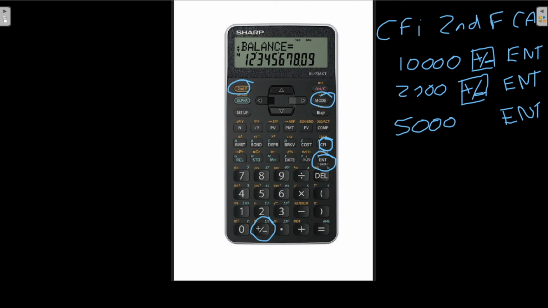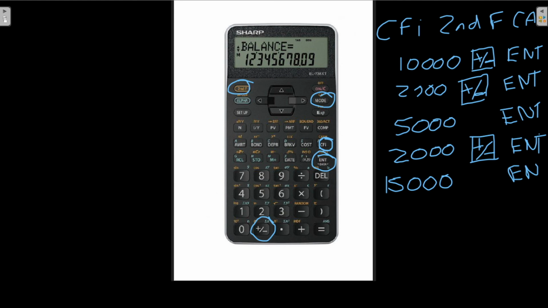And then a further negative 2000. Okay, and then you again press the second function, cash flow.